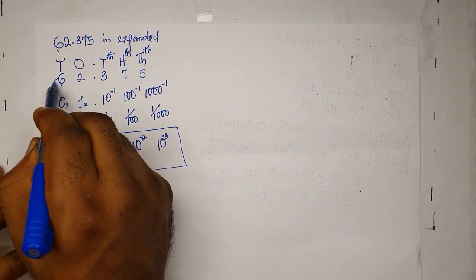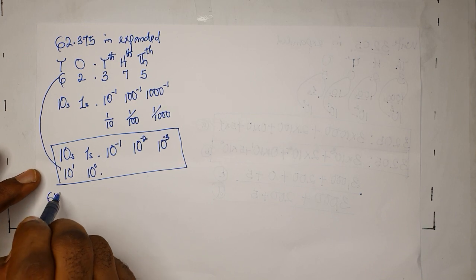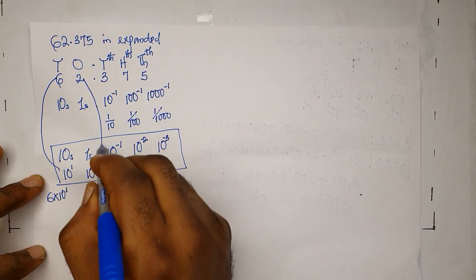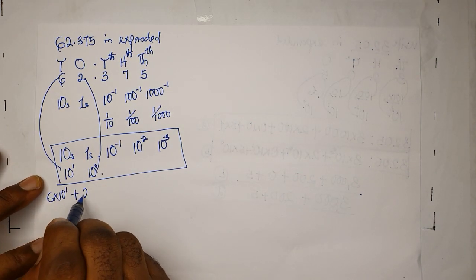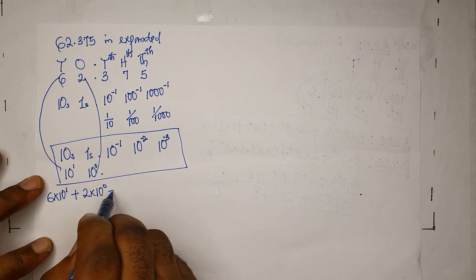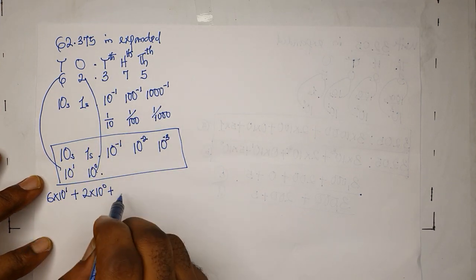In that case, 6 multiplies 10 to the power of 1 and is written as 6 times 10 to the power of 1. 2 is in the ones place, and ones place represents 10 to the power of 0. So I'll be adding that. That 2 multiplies 10 to the power of 0. Add, this is 10 to the power of negative 1 to be multiplied by 3.